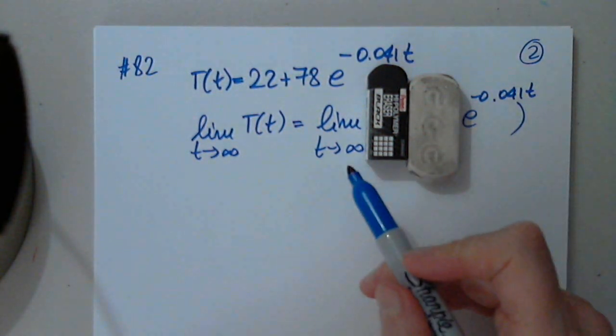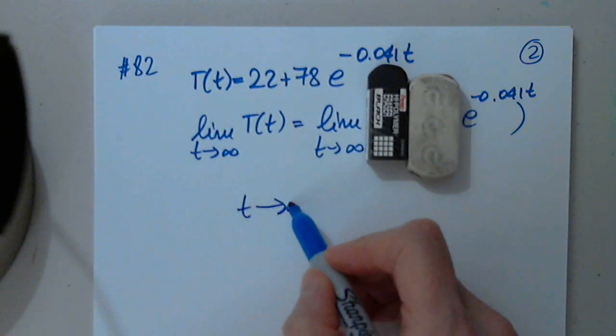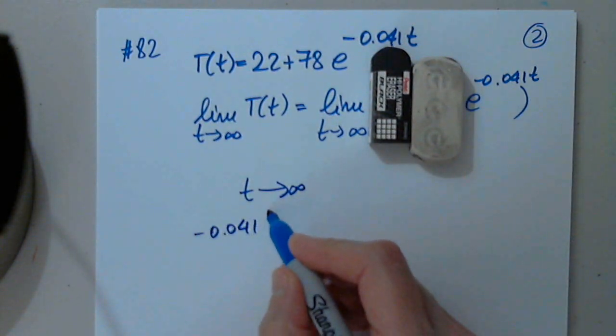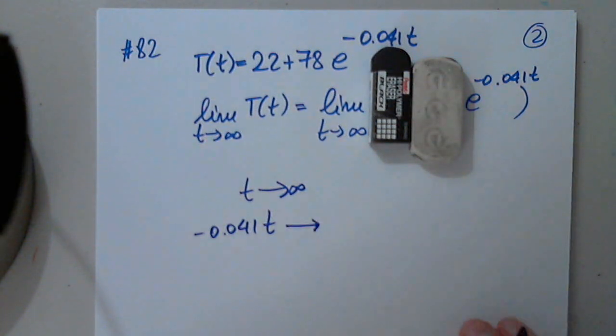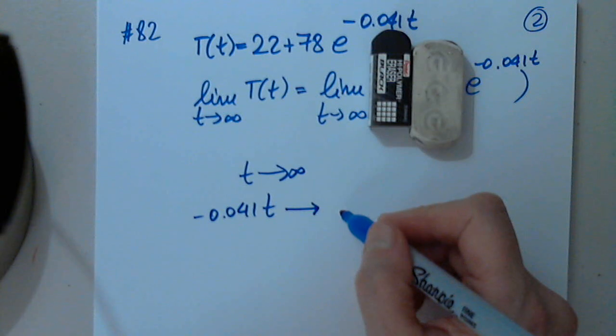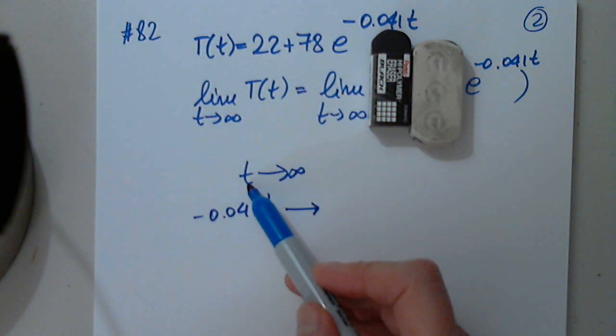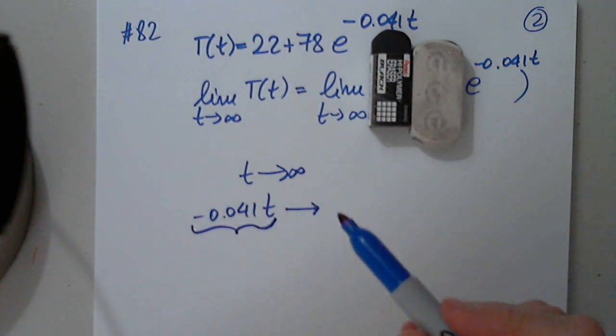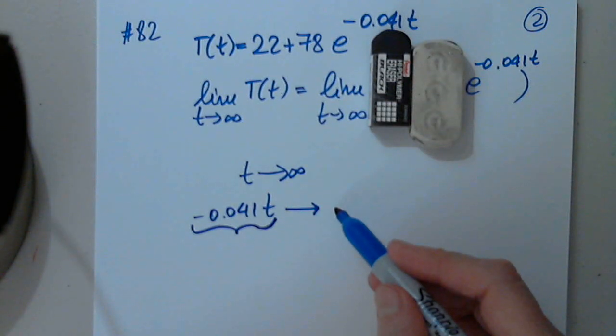So when t approaches infinity, where does negative 0.041t go? Sorry, I looked at the graph. Never mind. When t approaches infinity, where does this piece go? To 0.